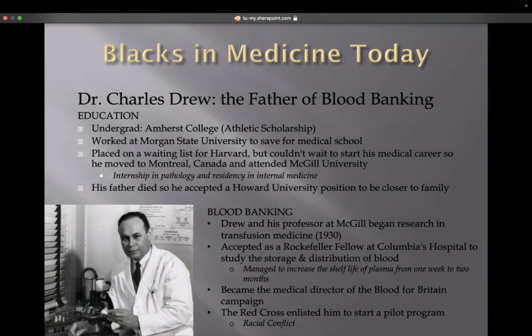While he was there, he and his professor at the time, Dr. John Beatty, began research in transfusion medicine following Karl Landsteiner's discovery of fatal reactions when incompatible blood is transfused between humans, ultimately resulting in death.